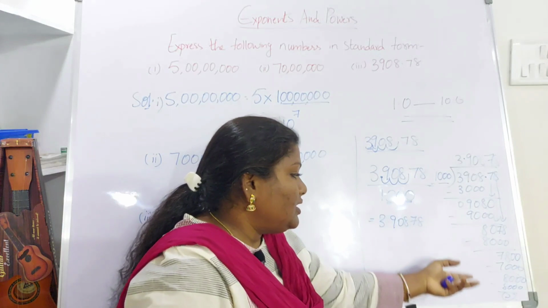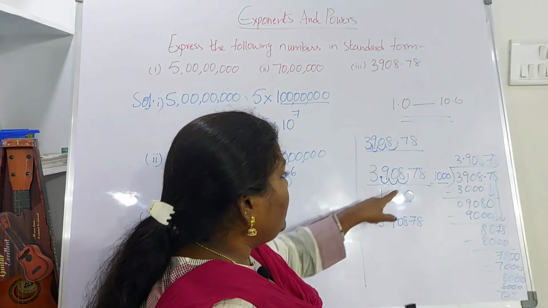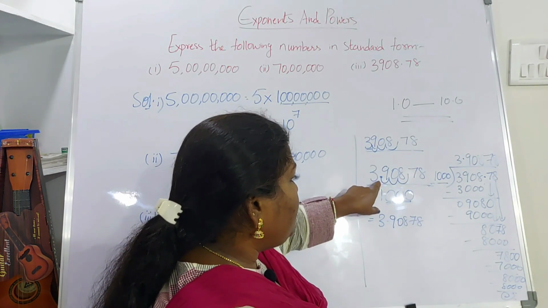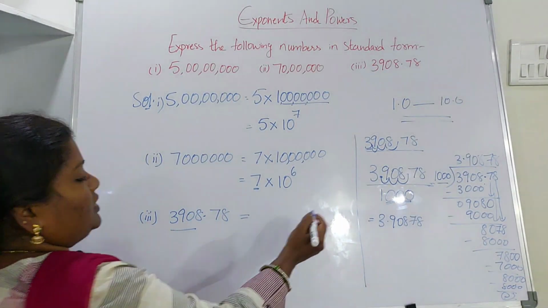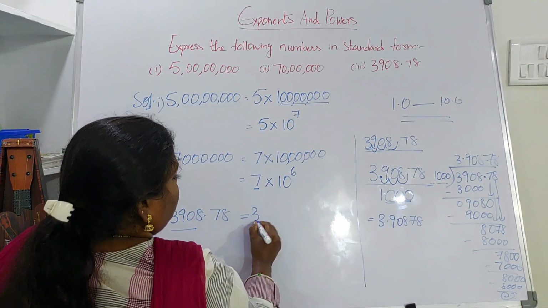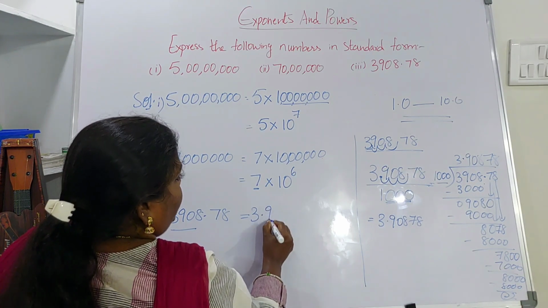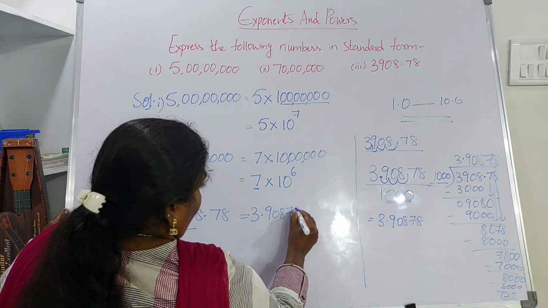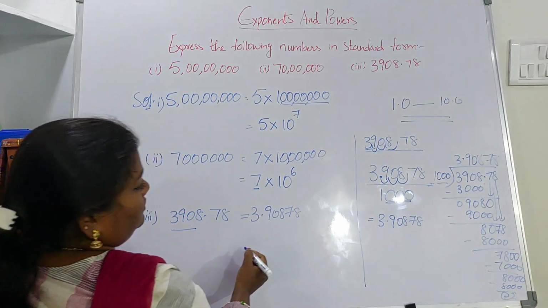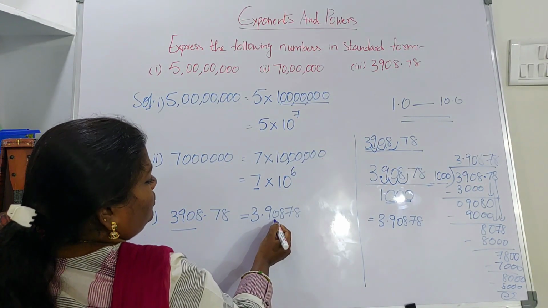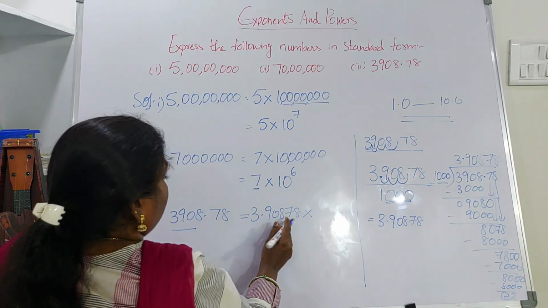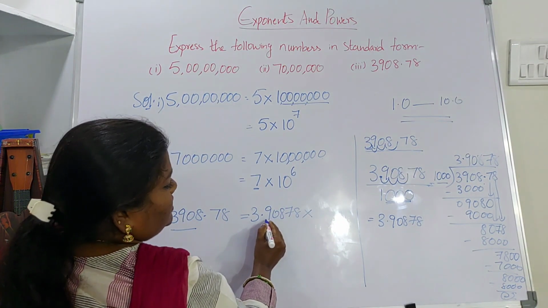So instead of all this process, I have just shifted 3 places. 3 places in the sense it is 1000. So this is nothing but 3.90878. Now how many places have you shifted? Earlier the point was here, 3 places I have shifted.